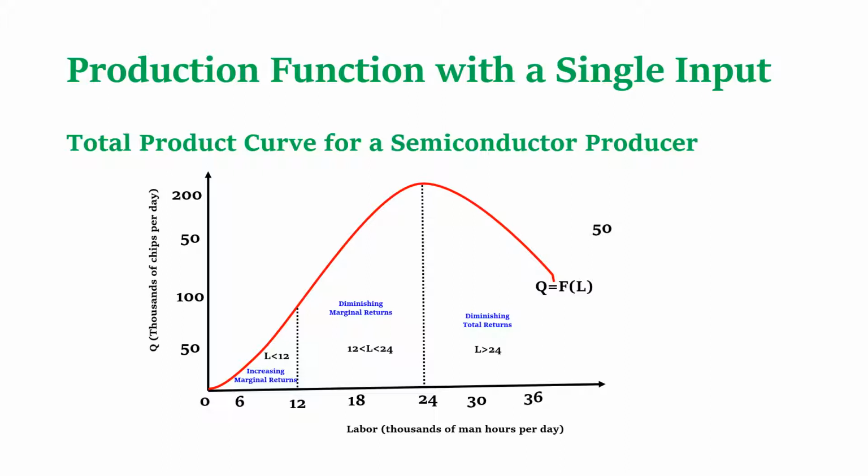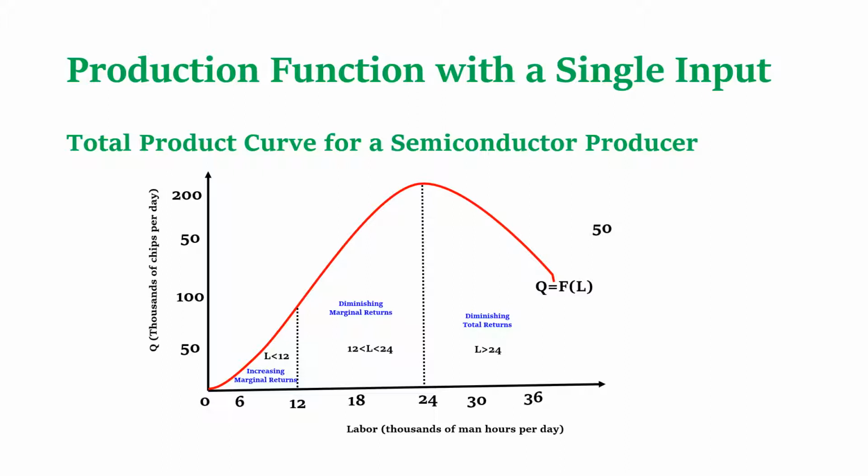So when the quantity of labor exceeds 24, any increase in the quantity of labor will result in a decrease in the total output. So what do we say here? You see the total product curve declining, right? It is falling after L equals 24.